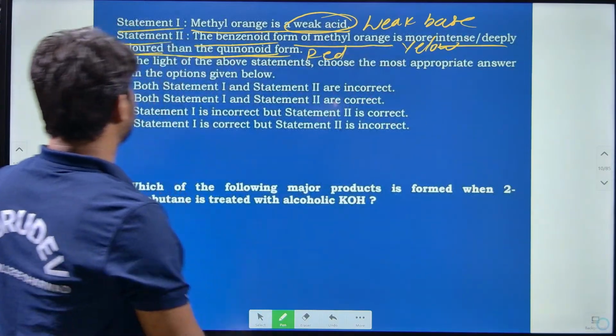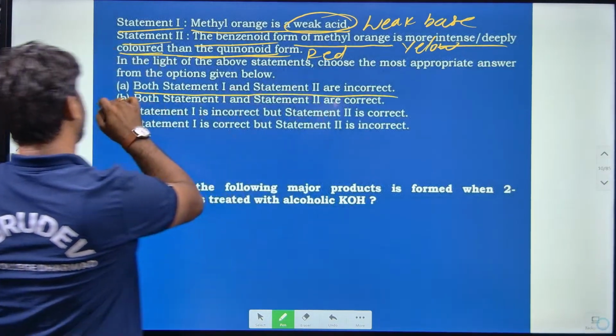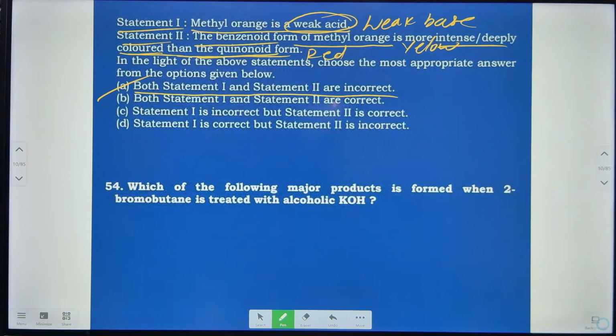So here it is also an incorrect statement. So both statement 1 and statement 2 are incorrect. Hence option A is the right answer for the question.